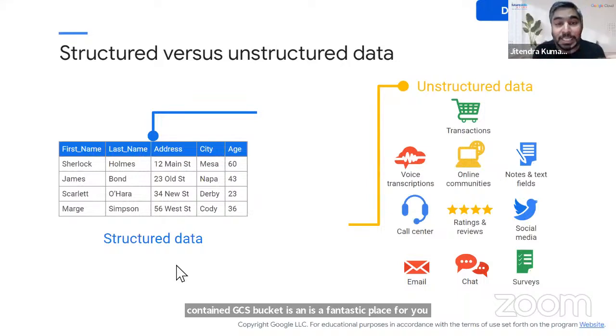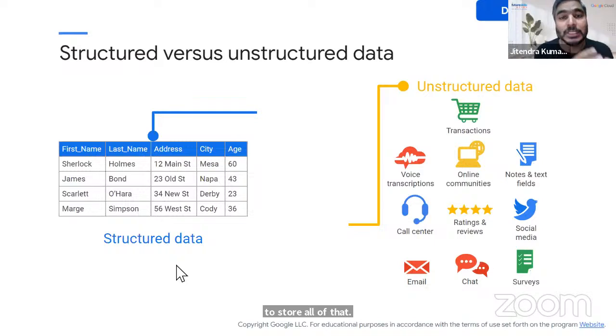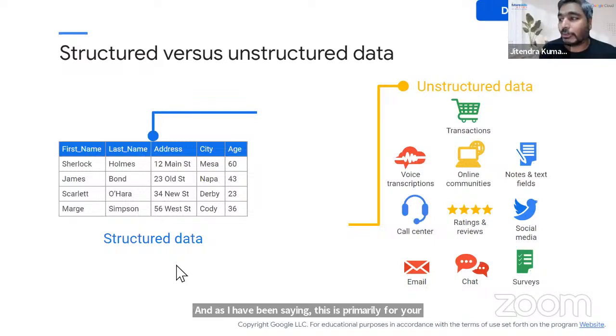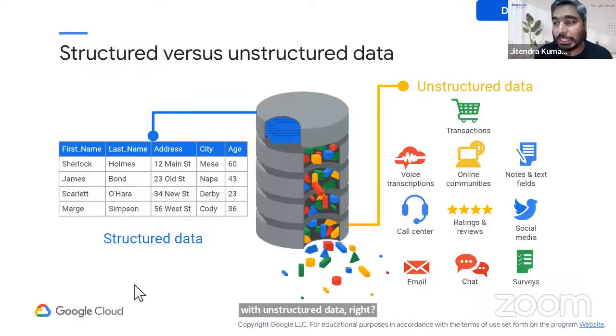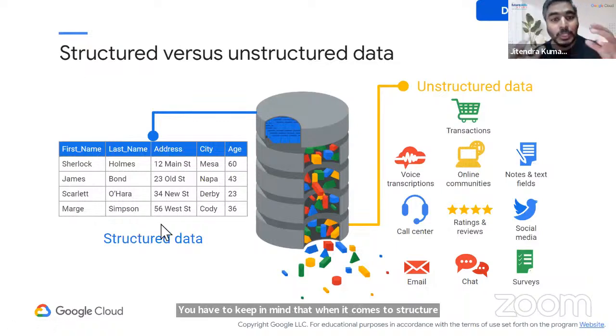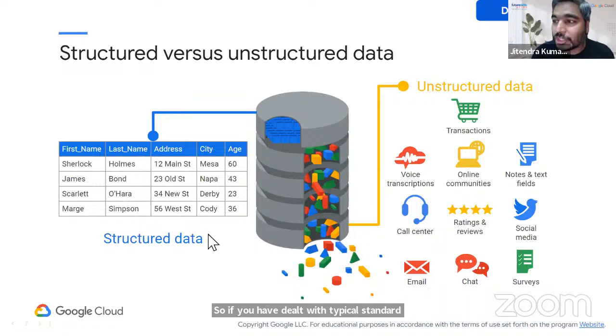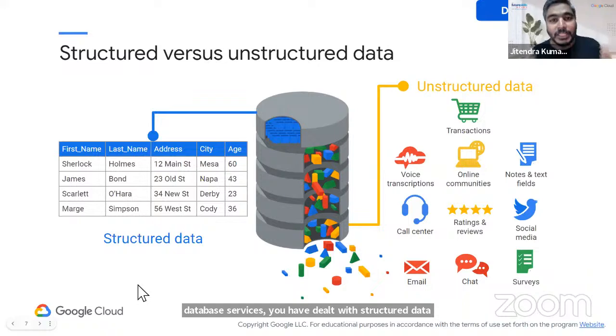And as I have been saying, this is primarily for your unstructured data, right? So compare structured data with unstructured data. You have to keep in mind that when it comes to structured data, you are looking at rows and columns, right? So if you have dealt with typical standard relational database services, you have dealt with structured data there. You have created a table, and within that table you have rows and columns, and there you go and start storing your data.